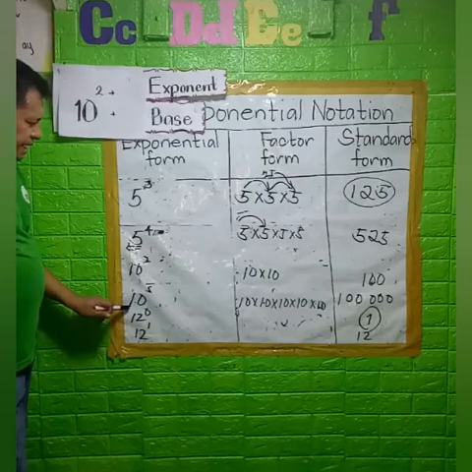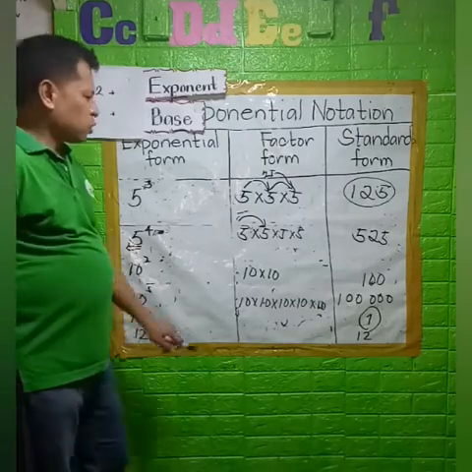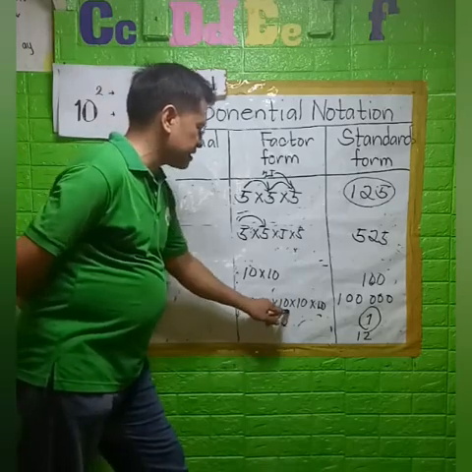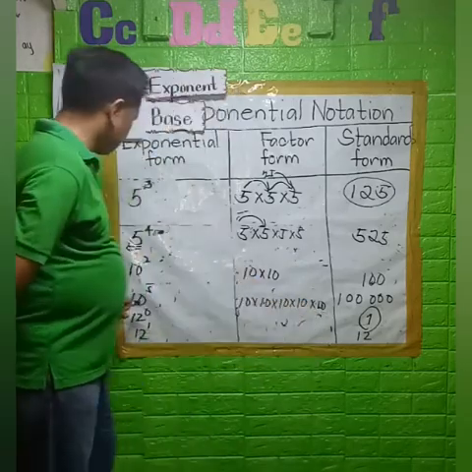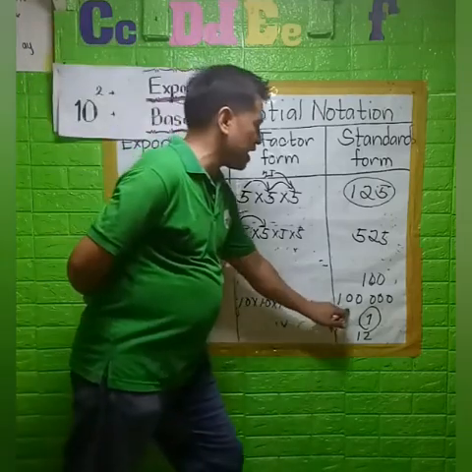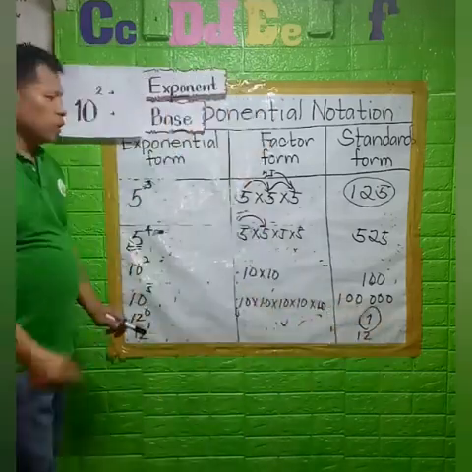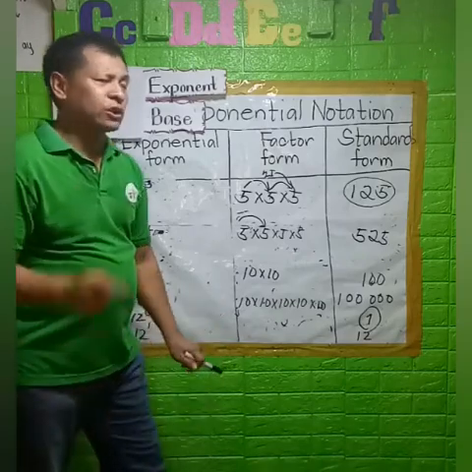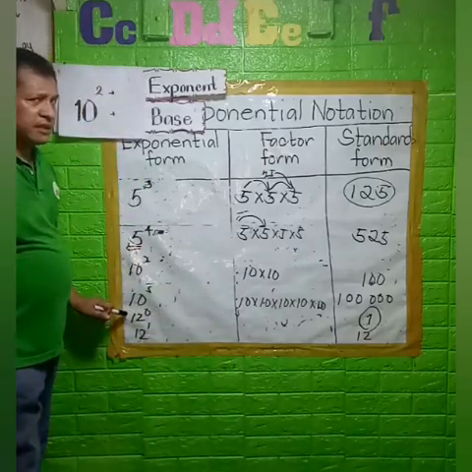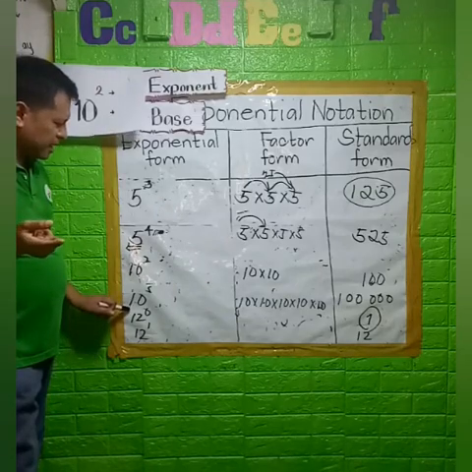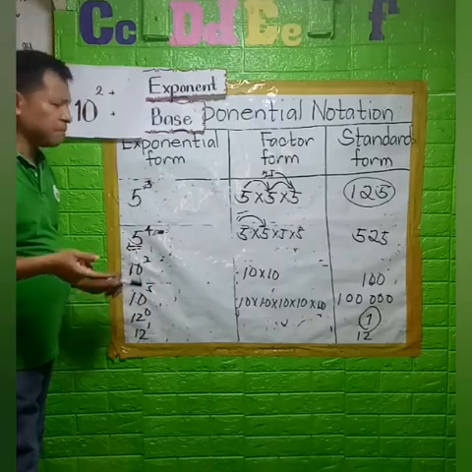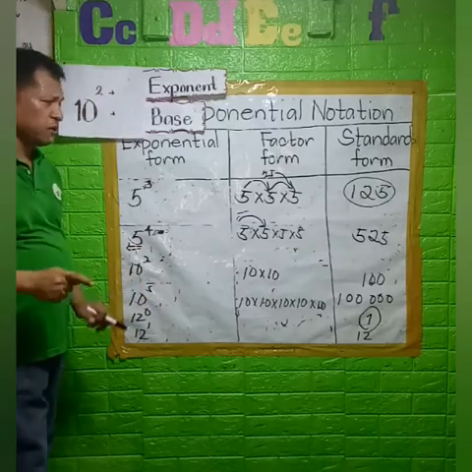Then we have here 10 to the power of 5. So we are going to write it 10 times 10 times 10 times 10 times 10, or 10 to the power of 5, which is 100,000. So we do not need to multiply it anymore, since if we are going to use 10 as our base, then the exponent will determine how many zeros we are going to write.